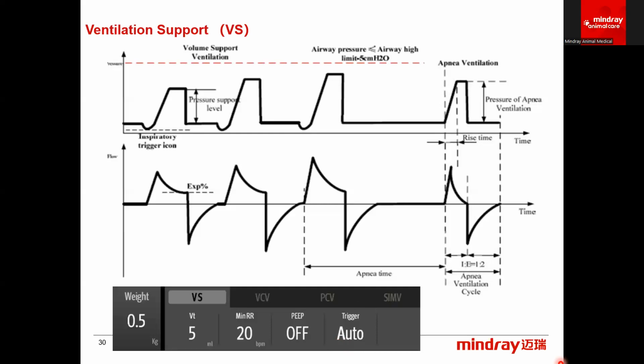I'm only going to support the breaths that are making a real effort. So it'll adjust the flow requirements or the pressure requirements to be less and less sensitive so as not to hyperventilate your patient.